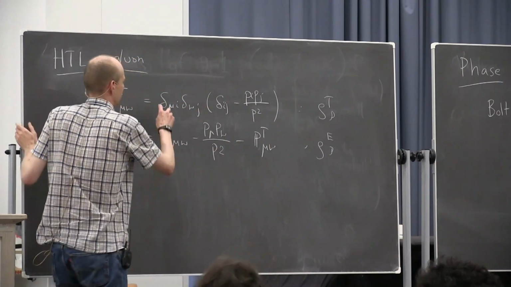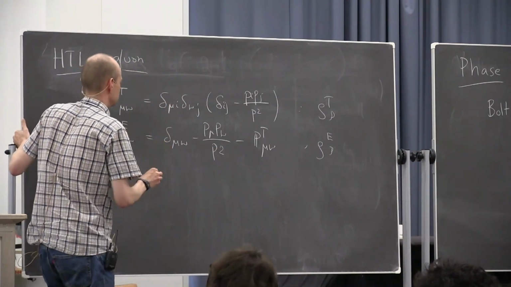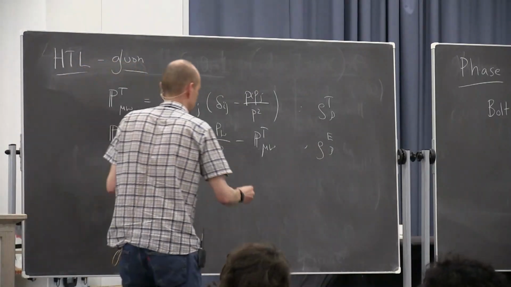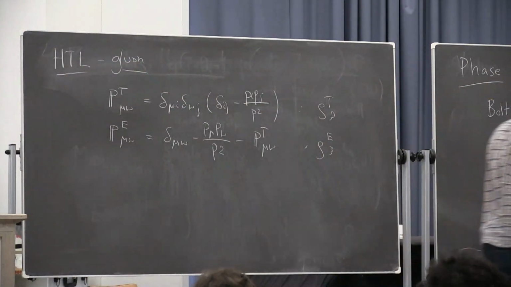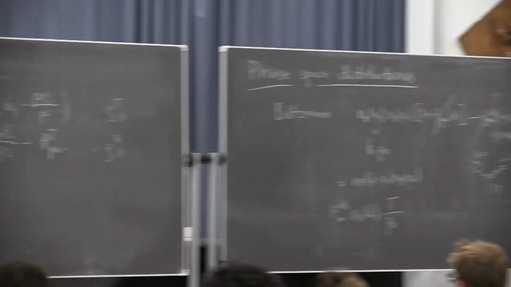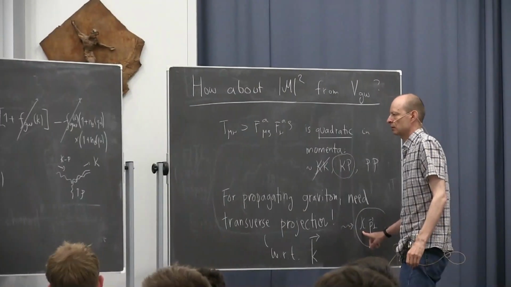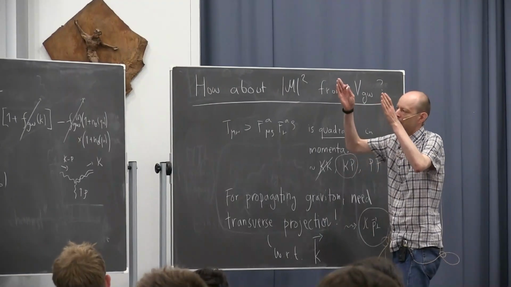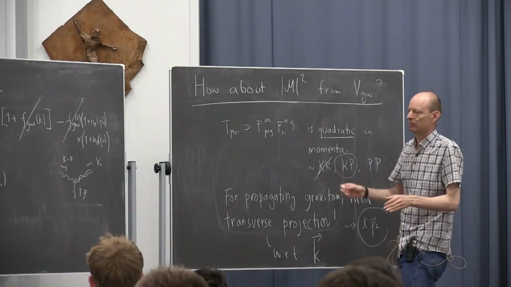So now it is this transverse part which is interesting, because suppose you take this large K here, and in the end we need matrix elements squared.